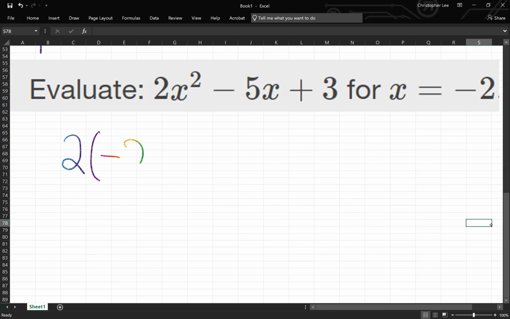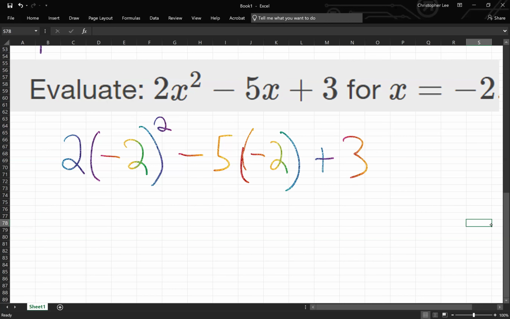Very good. Any questions on this step so far? I'm just plugging in the values. That's all I'm doing. Everybody good with this? All right, just do the math on that then.